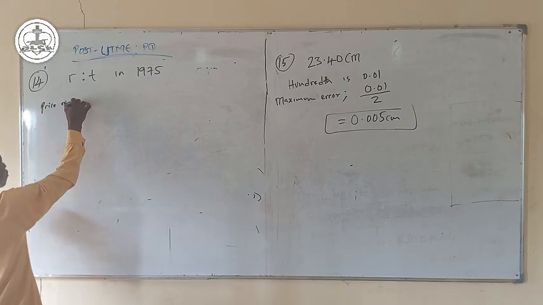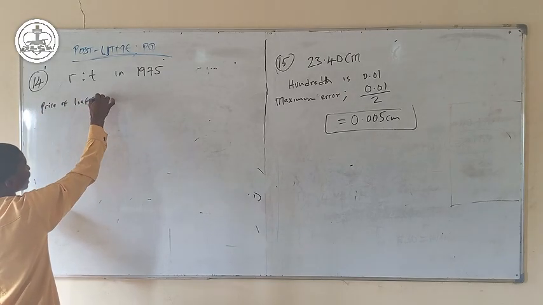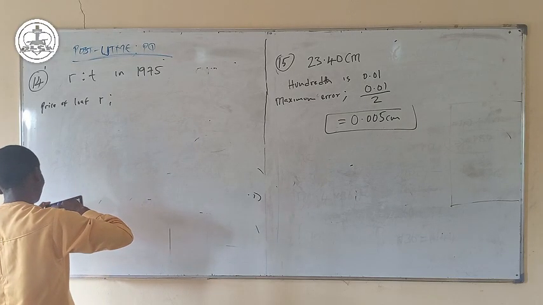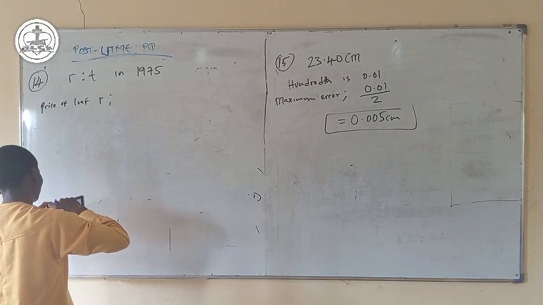Consider the price of loaf, which we stated as R. In 1980, it increased by 25%.